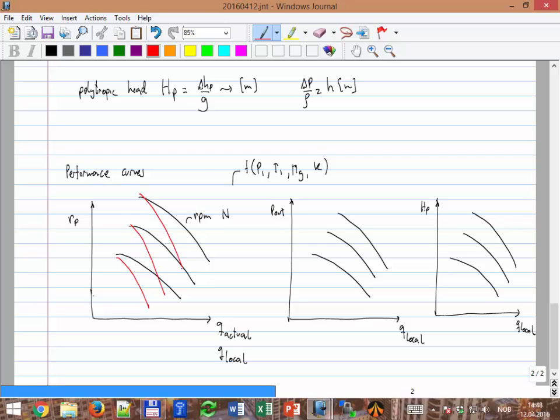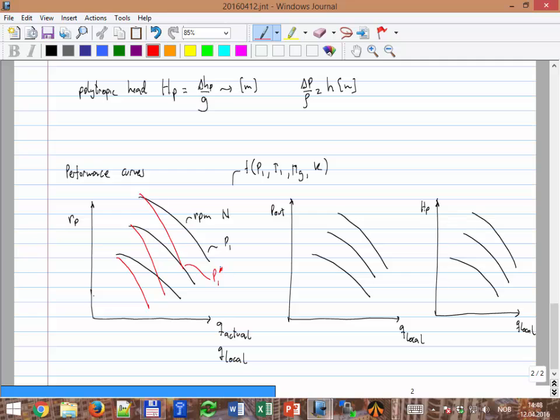These curves in black are for P1, and these curves in red are for P1 star.